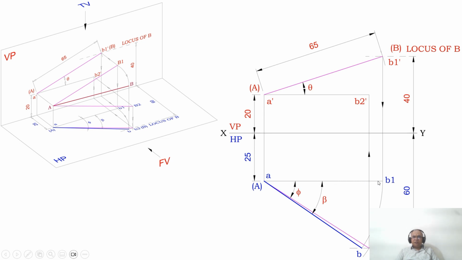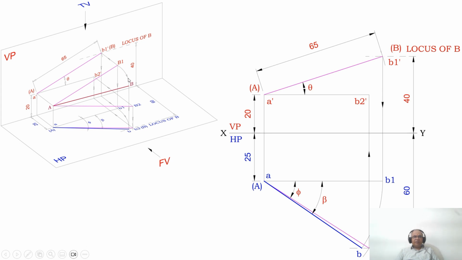That is possible only by holding the point A and rotating with the radius of AB1, so that it touches the locus of B in the top view. You mark B and join A to B with a dotted line. So this is the top view line that we have shown here.